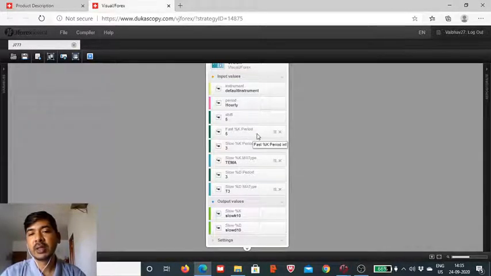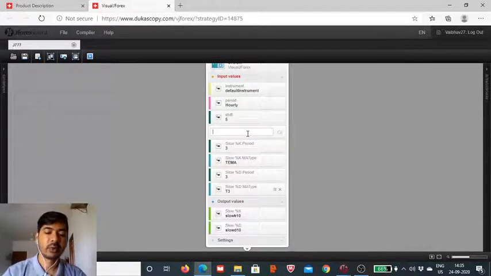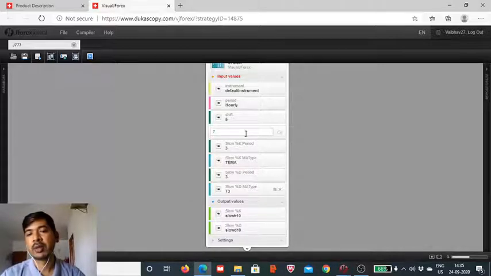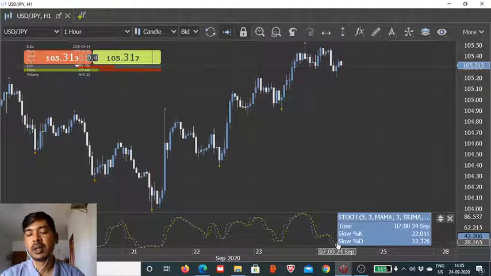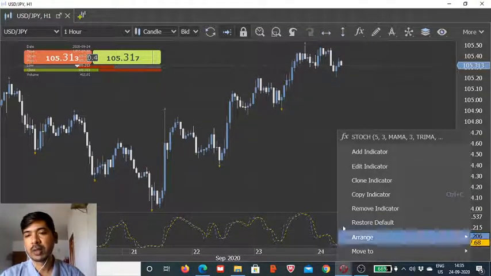You can change these values as well. If you want to work with a different time period, you can change that. Say, for example, you can make it 7 or even 70, it doesn't matter. Whatever period you want to work with, you can just change this input parameter, and you will observe that change taking place in the plotting of the stochastic.